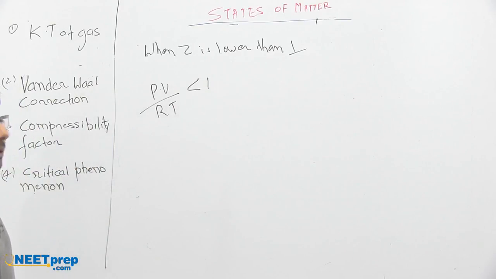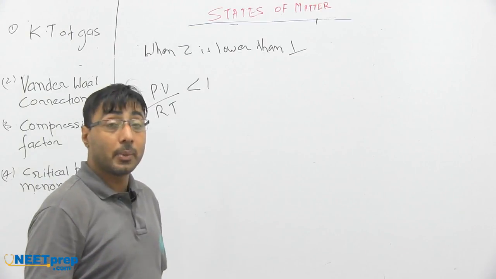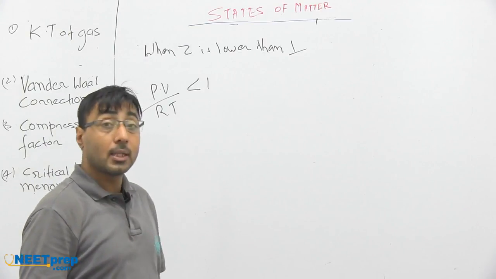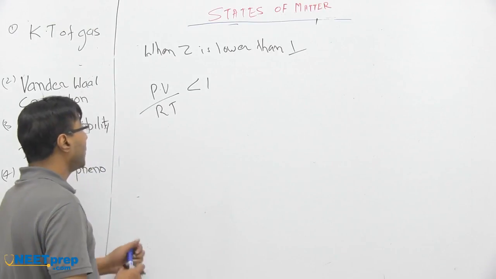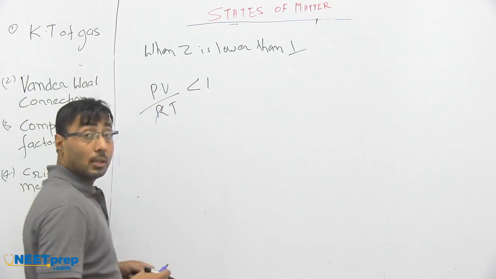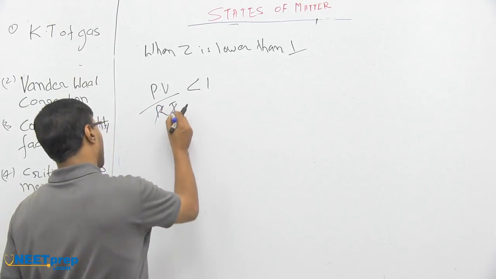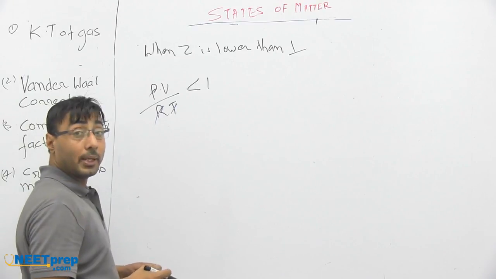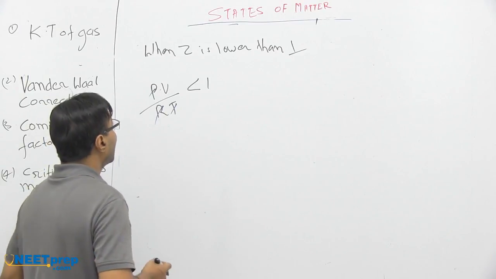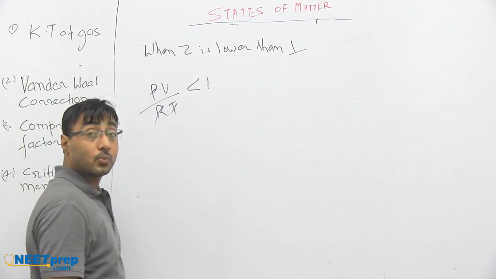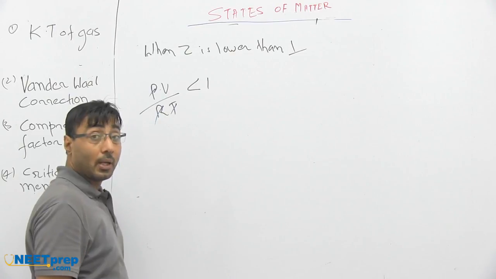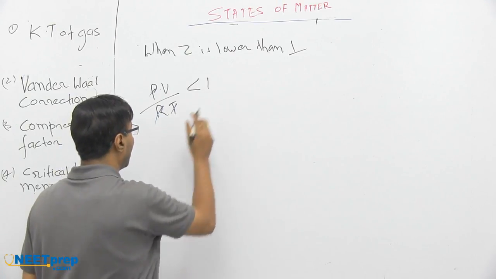If the reaction is carried out in the same vessel at the same temperature and pressure as the ideal gas, then R will be constant, and P and T will be constant. Then which factor is going to change? The volume is lesser than the expected value of the volume.